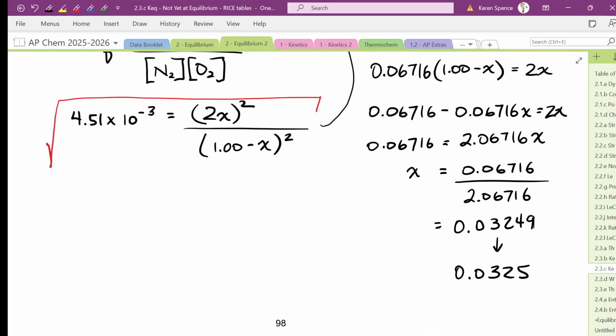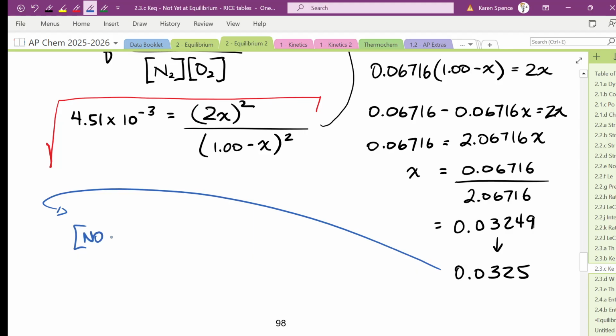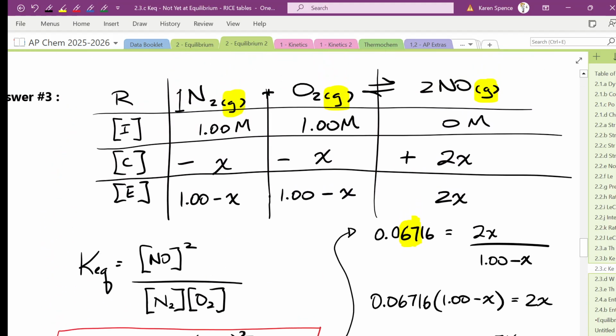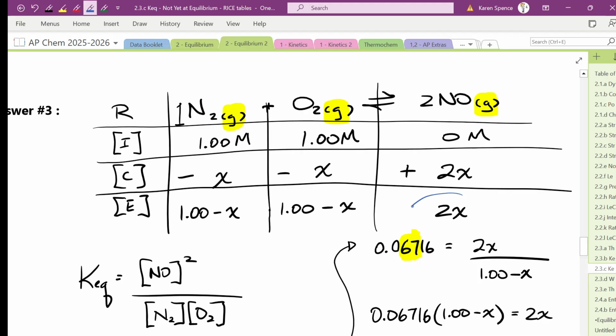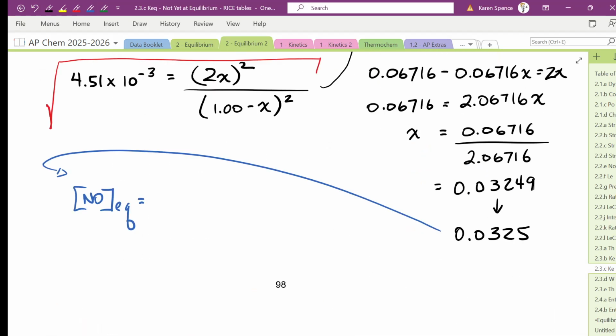So the concentration of NO at equilibrium is equal to, and then I go back up to my RICE table and I say, concentration of NO at equilibrium is equal to 2x.